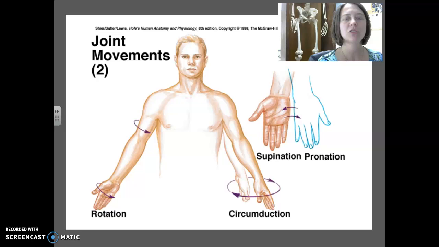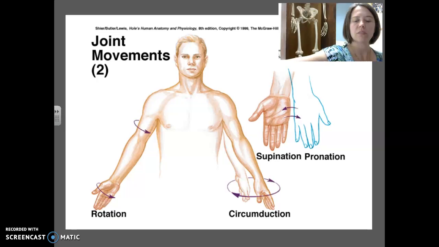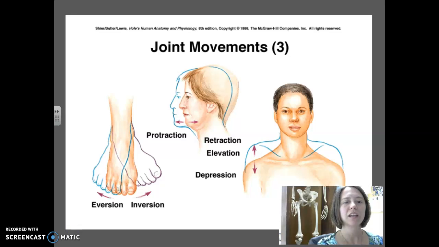Okay, looking at pictures of more joint movements, we can have rotation at the shoulder joint, and circumduction at the shoulder joint, and supination and pronation of the hands. And more pictures, we can have protraction and retraction at the neck, and elevation and depression of the pectoral girdle, and then you can have inversion and eversion of the ankle joint.